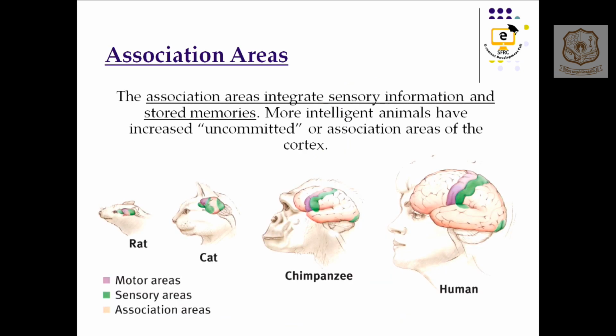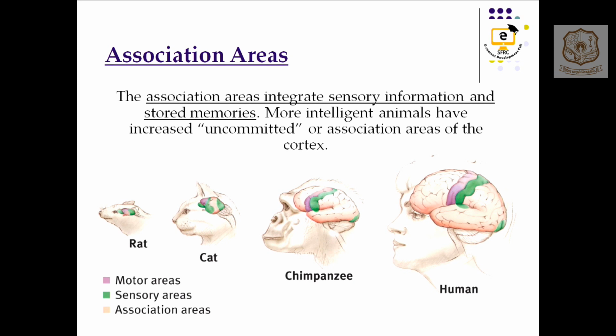Now we have association areas. For example, when we go to a cinema or a theatre, we automatically take popcorn. Why do we do so? Because of your association cortex. Association areas integrate sensory information and stored memories.